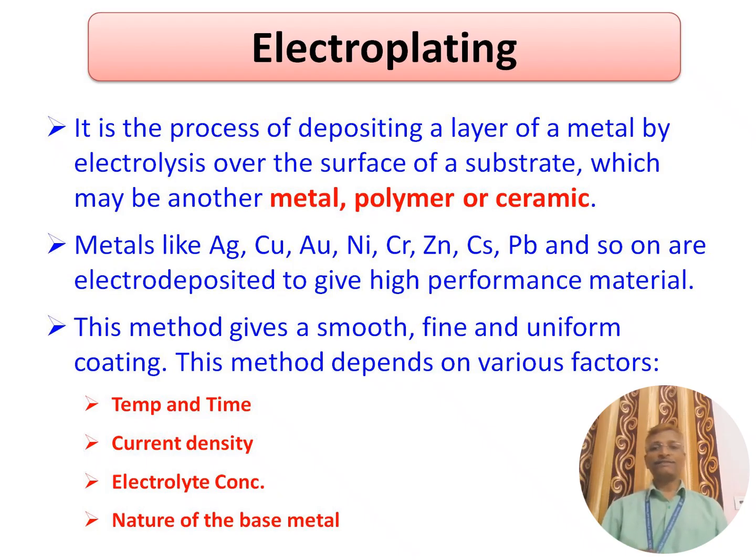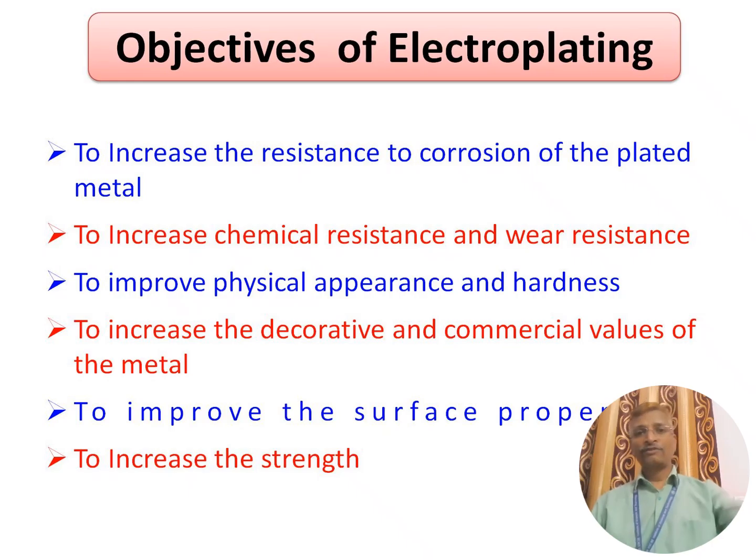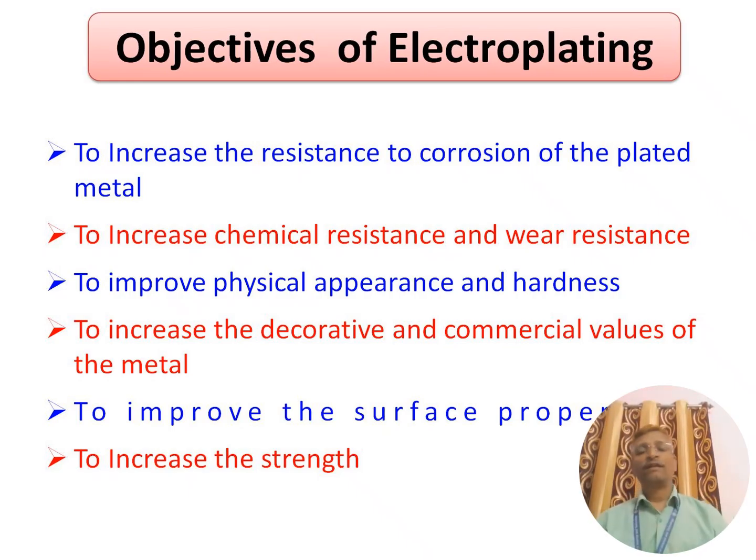However, it is influenced by some factors. The factors influencing electroplating are time and temperature, current density, the concentration of the electrolyte, and the basic nature of the metal. Why do we do electroplating?